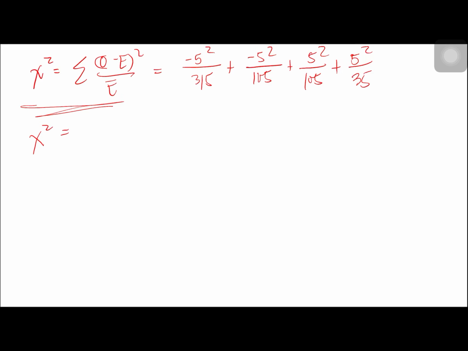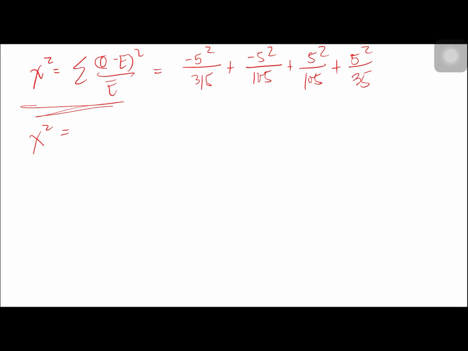Okay? So for our computed value of chi-square, we have negative 5 squared over 315 plus negative 5 squared over 105 plus 5 squared over 105 plus 5 squared over 35.